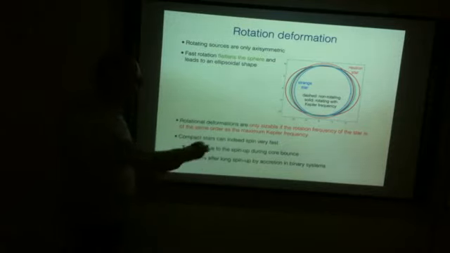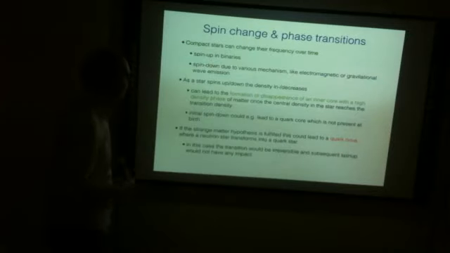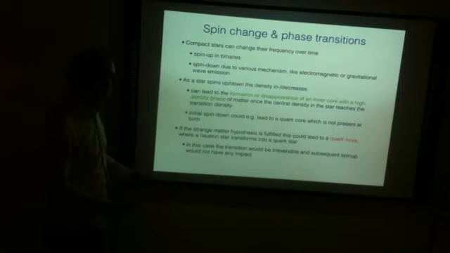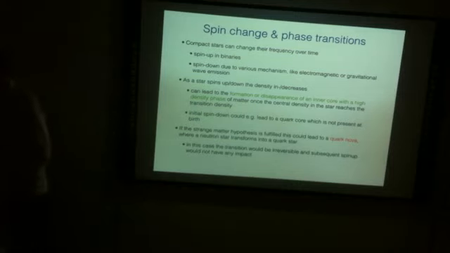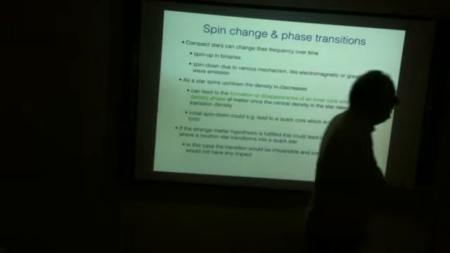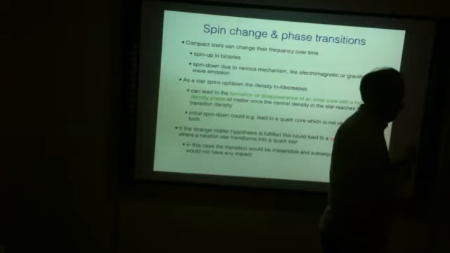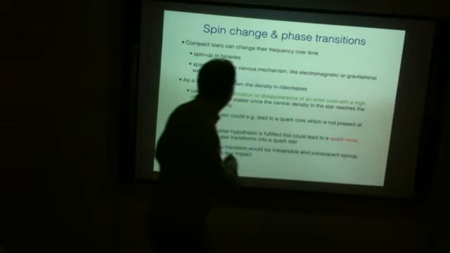You go from something big to something much more compact, and correspondingly the density increases in the star. Therefore, it could be possible that at some point in the evolution, you reach an interior critical density where some new form of matter would arise, and you would have a phase transition.